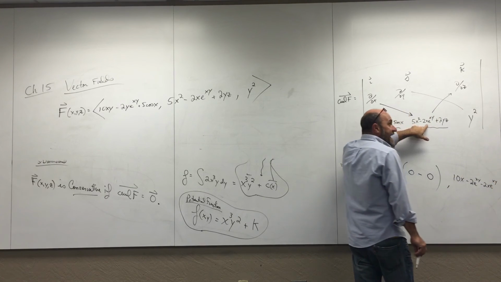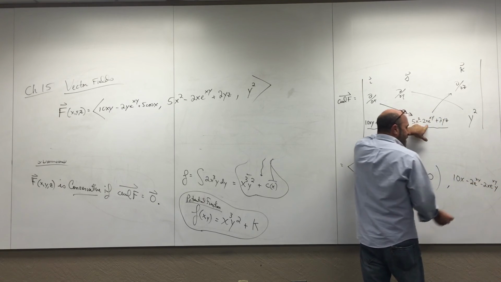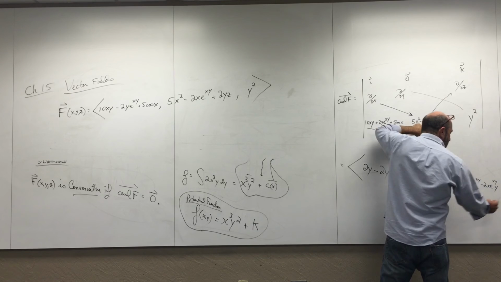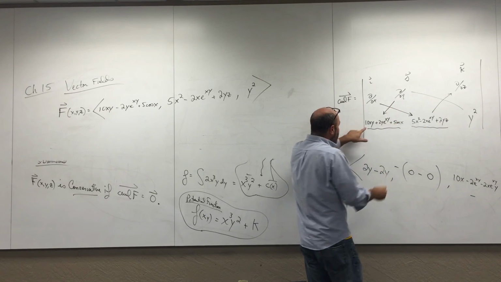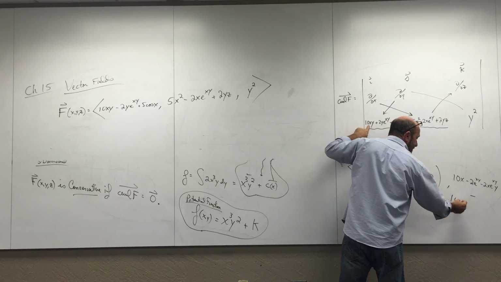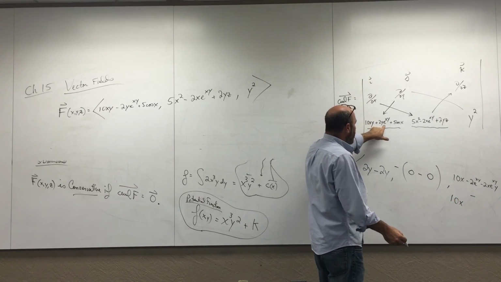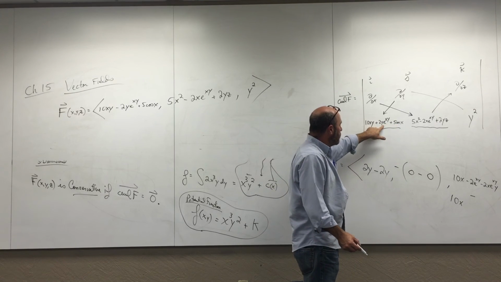With respect to x, it spits out a y, minus this derivative with respect to y. Let's try it. With respect to y, this derivative is 10x. And with respect to y, this is a little product rule.